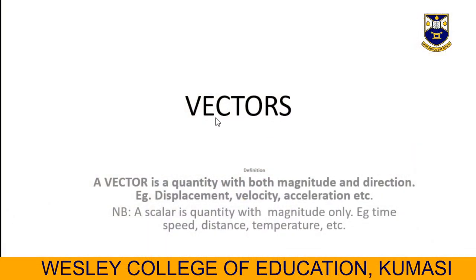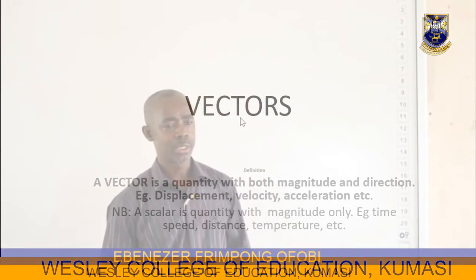Let us consider this. If a car is moving, we most often than not consider the speed. Now, if you consider the speed, you see that there's no direction attached. Once you attach direction, it changes from speed to what we call velocity, which is an example of a vector. If I tell you to take 2 steps, it's just a distance.